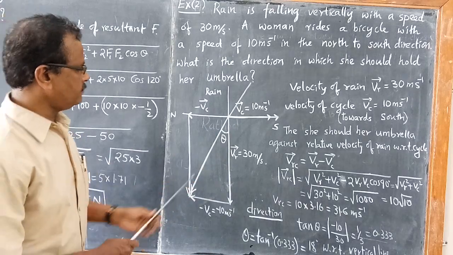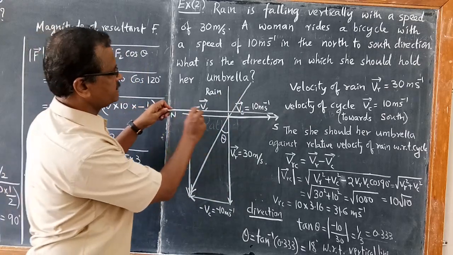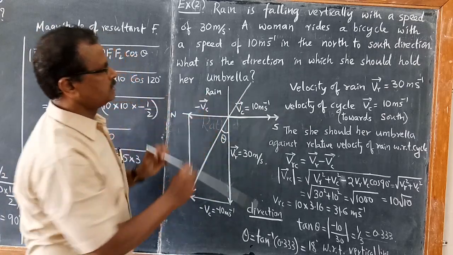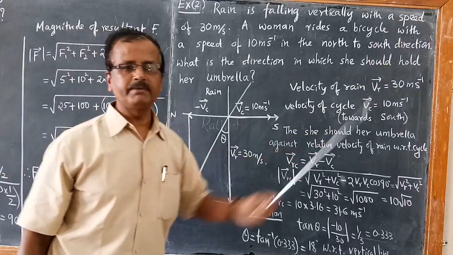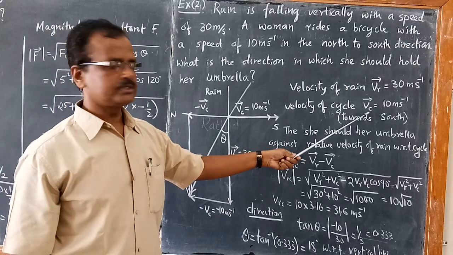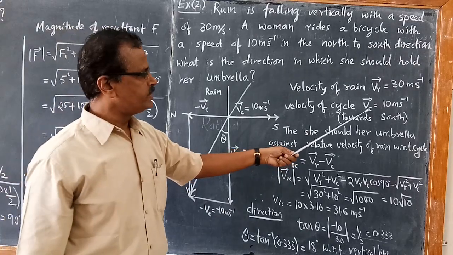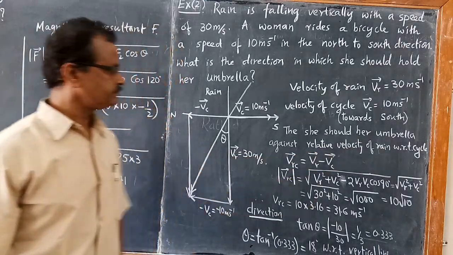I have drawn the diagram of velocity of rain in this direction and velocity of cyclist towards south. Now I have written once again velocity of rain VR vector equal to 30 meter per second. Velocity of cyclist, let us say VC vector equal to 10 meter per second towards south.